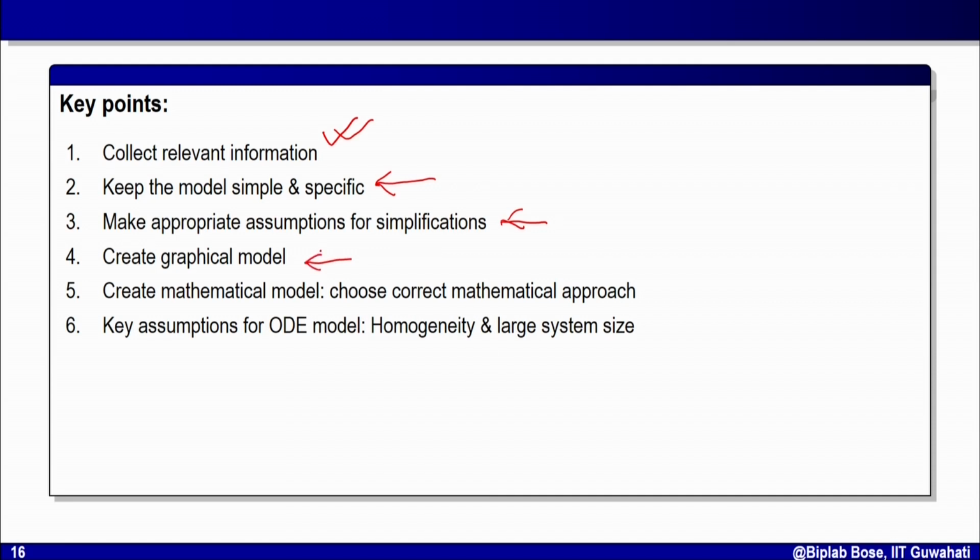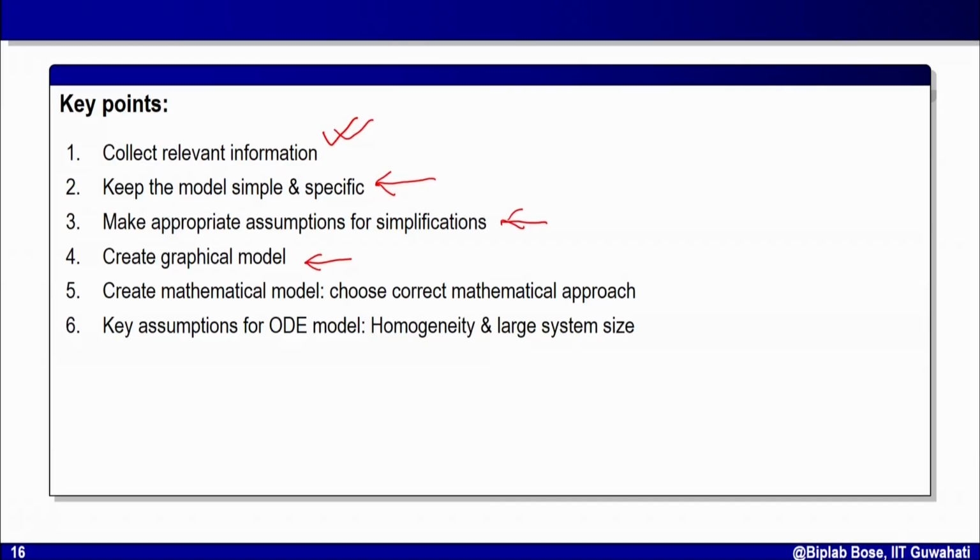In all cases you don't need it, but in many cases it is better to draw a graphical model because it will help us to write down the mathematical models. Once you have done the graphical model, go for the mathematical model. A mathematical model is nothing but a set of equations representing the processes. In this course, we will write ordinary differential equations to represent each of the processes. And remember, an ODE represents the rate of a particular process.